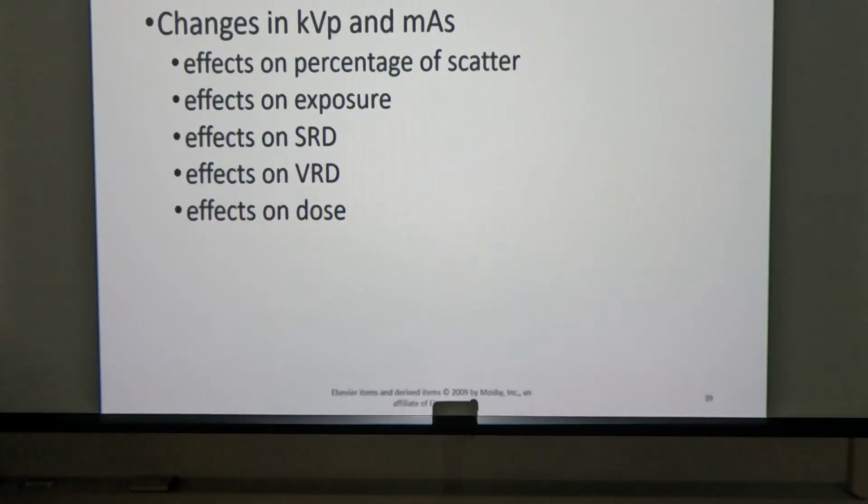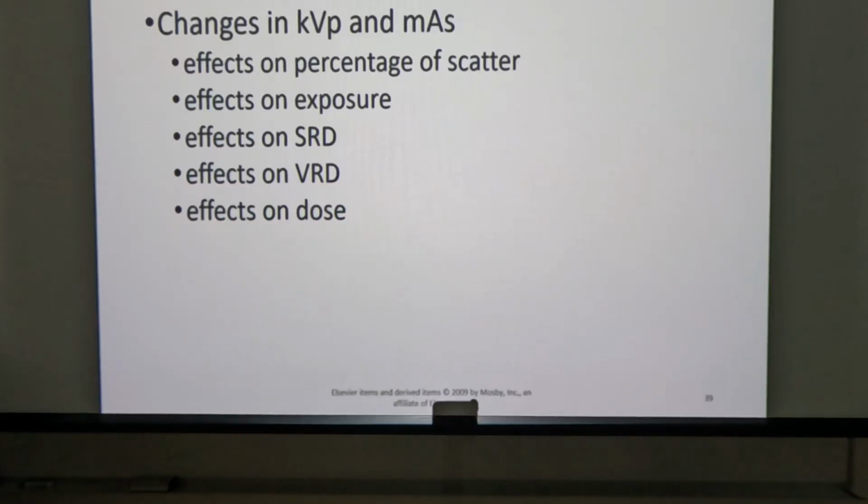All right, so when we change KVP and our mass, we still are going to change the percentage of scatter, but if we're using the 15% rule, the effects on the patient exposure are going to go down. Effects on the image receptor exposure are going to stay the same, essentially, right? Effects on sharpness of recorded detail, there should be none.